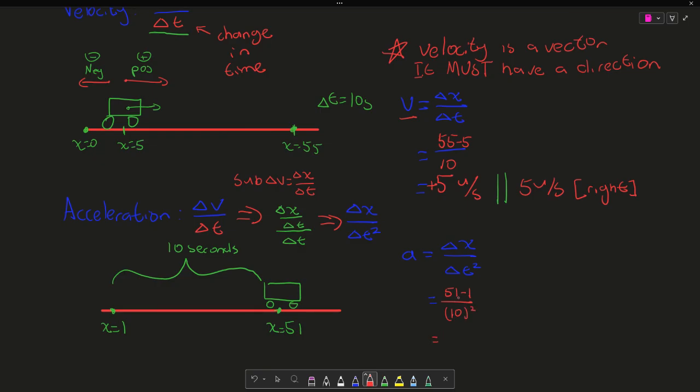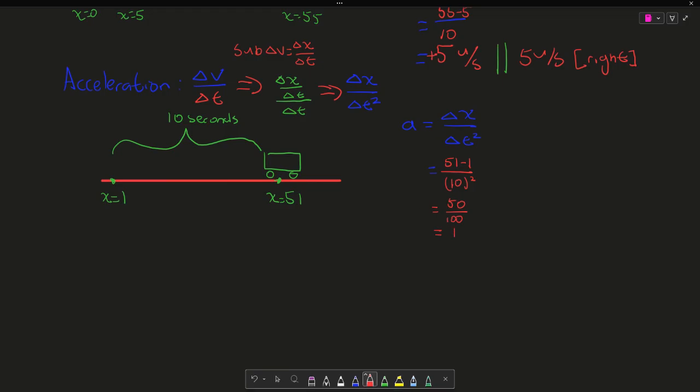And that would be equal to 50 over 100, which would be equal to 1 over 2 meters per second squared.